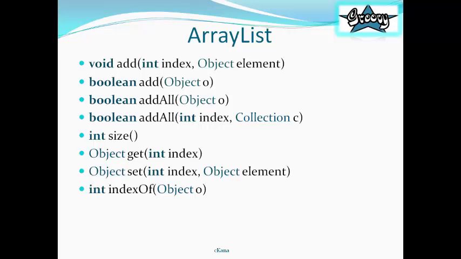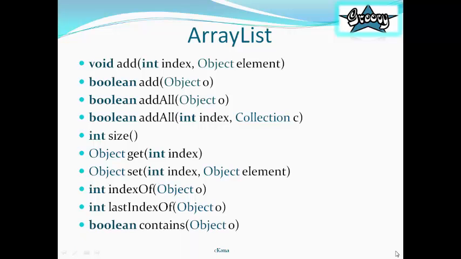Then we have indexOf, which returns the index of the first occurrence of the specified element, or it returns negative one if the list does not contain the element. Then we have the lastIndexOf method, which returns the index of the last occurrence of the specified element. And then we have the contains method, which returns true if this list contains the specified element.